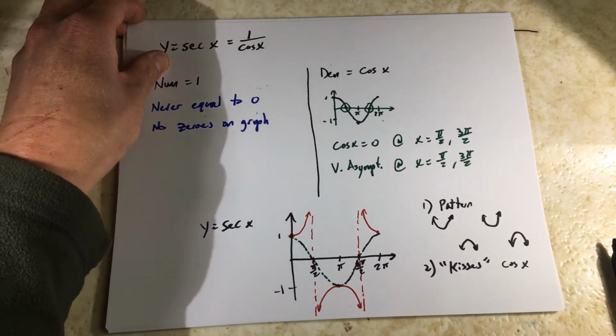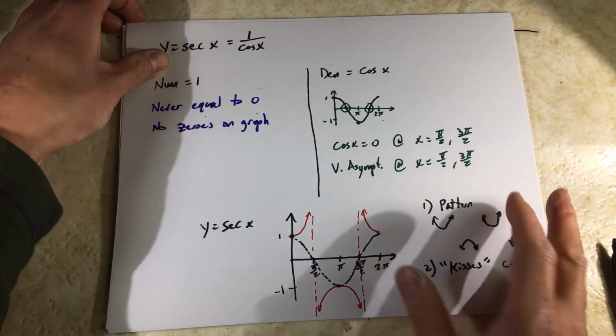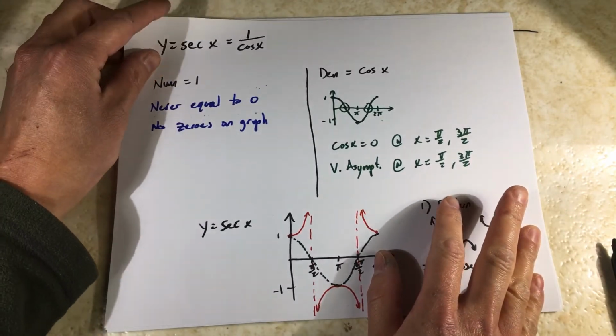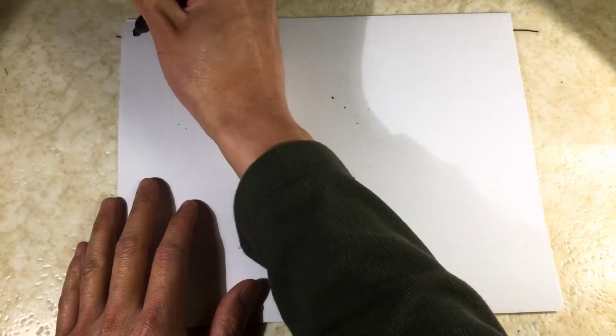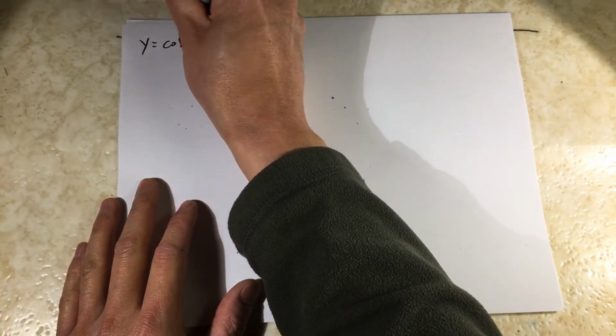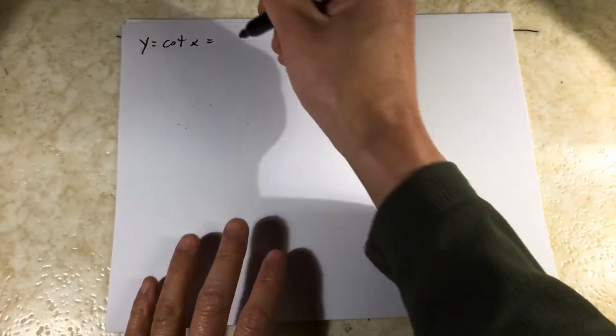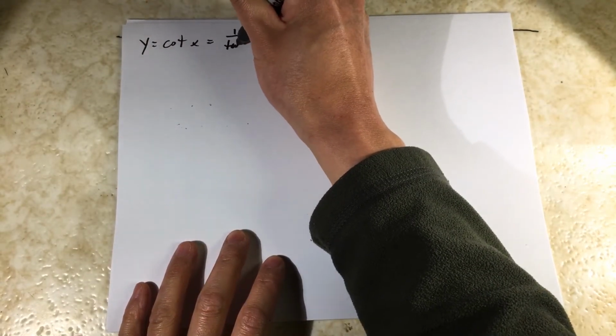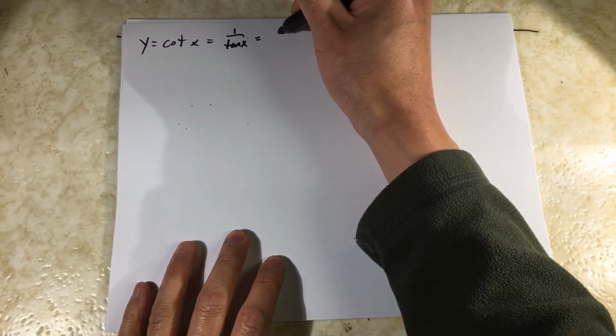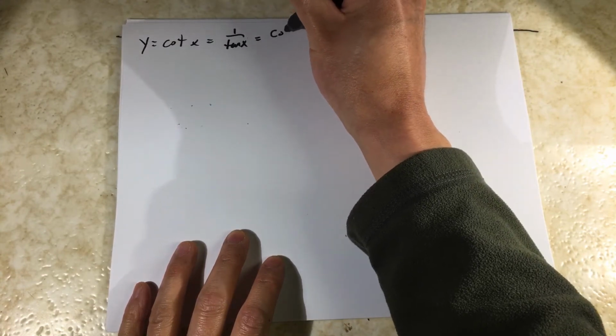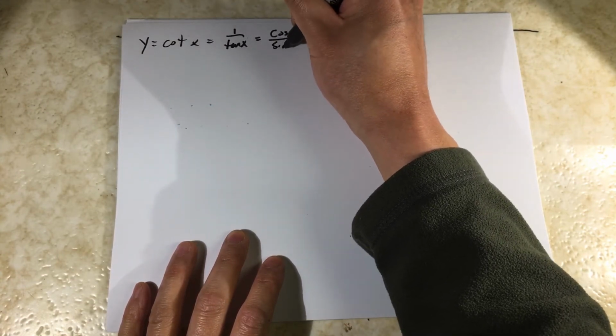All right, we've got one more new graph, and that's the cotangent function. Okay, we know the cotangent is 1 over tangent of x. And we know tangent of x is sine over cosine, so this would be cosine over sine.